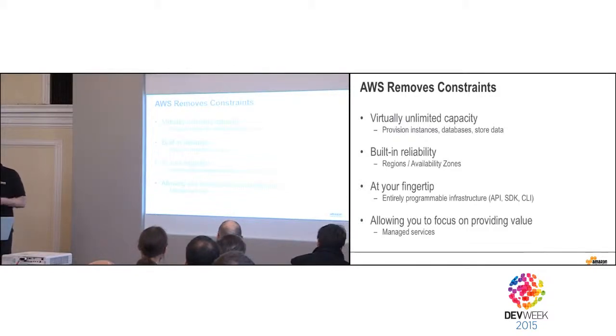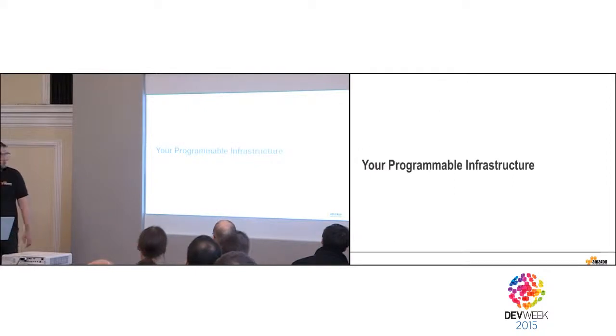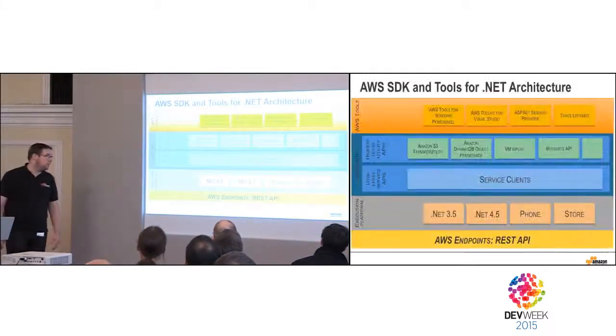As I said, and we'll show, everything is at your fingertips. It's a single call of an API, a click in the console, or just any program you write that is using the SDK. And finally, that's the goal of it, is we want to make sure you spend your time providing value to your customers and to your company, and not just managing infrastructure. So everything is programmable.